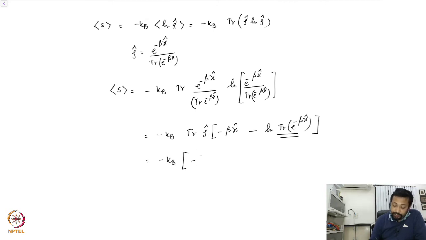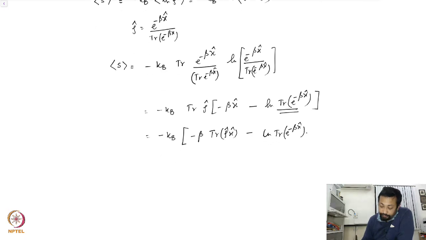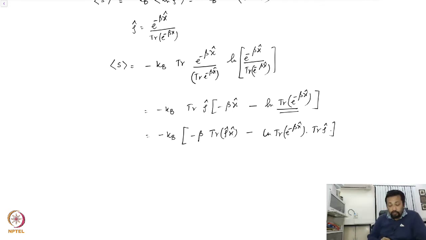This is minus beta trace of rho hat H hat, and you have minus ln trace of e to the power minus beta H hat times, what do you have? You have trace of rho hat, but trace of rho hat is 1.